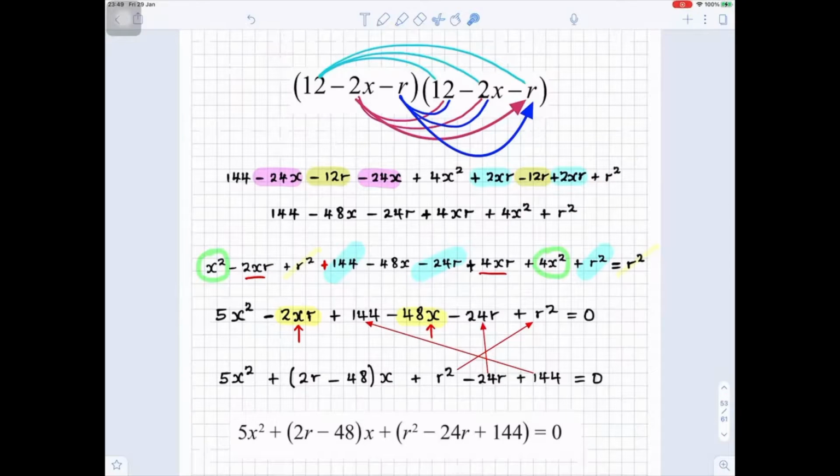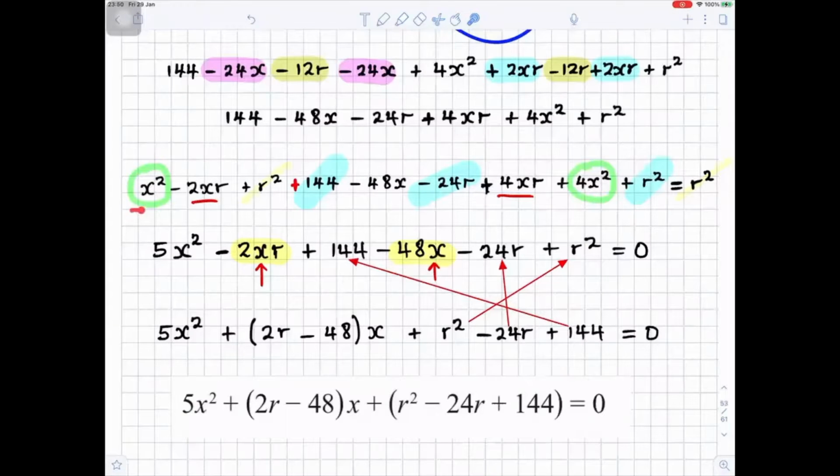Now, when we put that in the whole equation from before, we have x squared minus 2xr plus r squared, which comes from that (x minus r) all squared, which we did up there. And then we put all of this, 144 minus 48x and so on, equals r squared. Now, r squared on the left would cancel with r squared on the right. If you take plus r squared to the right, it becomes r squared minus r squared, which is 0.